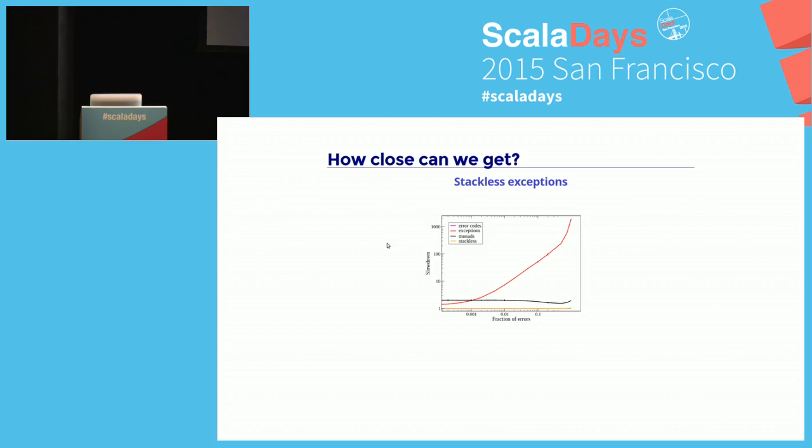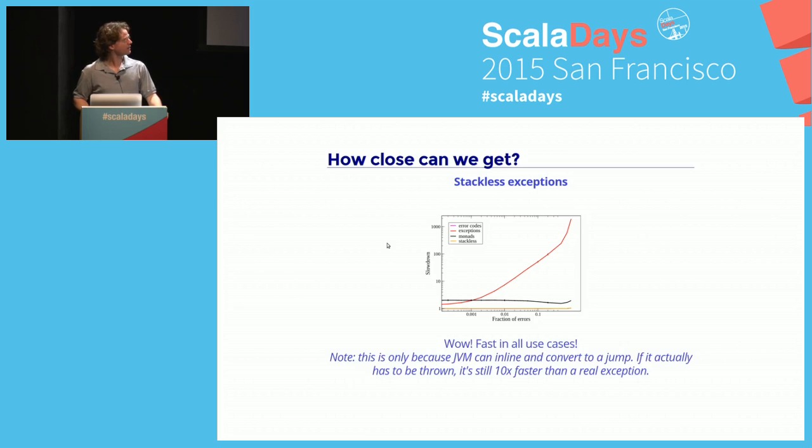But if you can use stackless exceptions and push the crossover point between the exceptions, which get worse and worse the more errors you have, and the boxing, which doesn't, if you can push it over to here, there's a whole range of problems where you can address this other way, and you don't have to feel that it's going to be a performance nightmare. Okay, so it's fast, and then there's that caveat that I gave you.